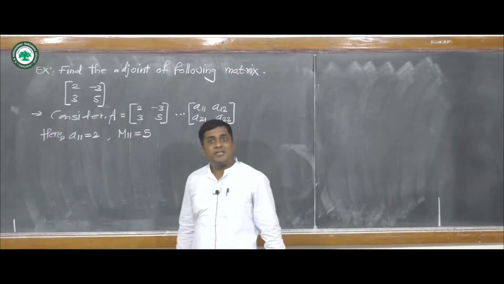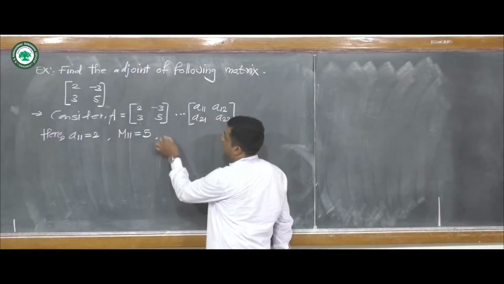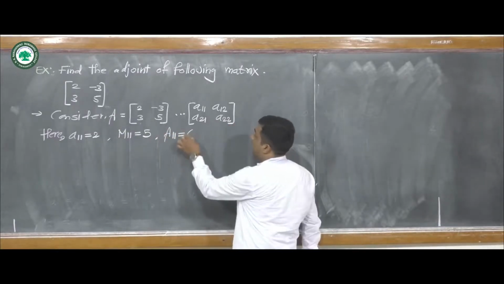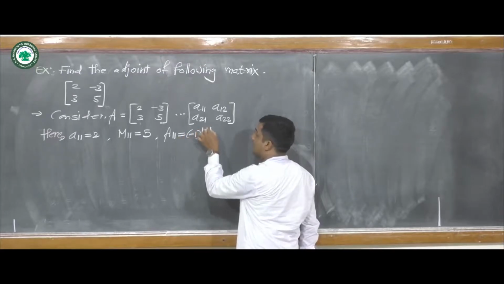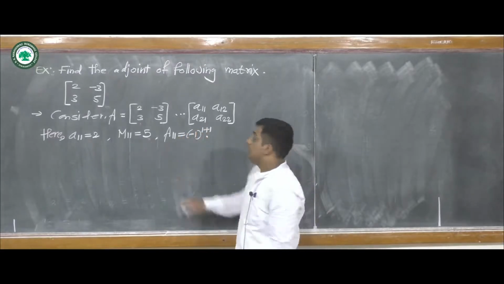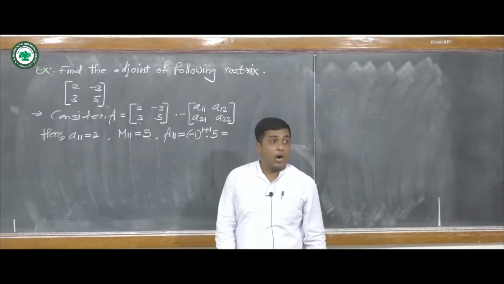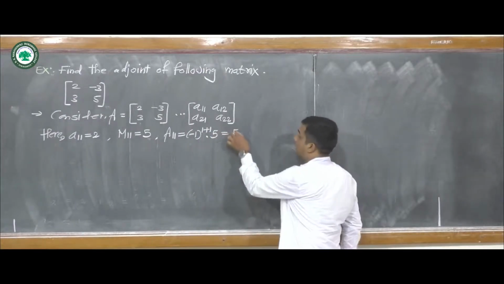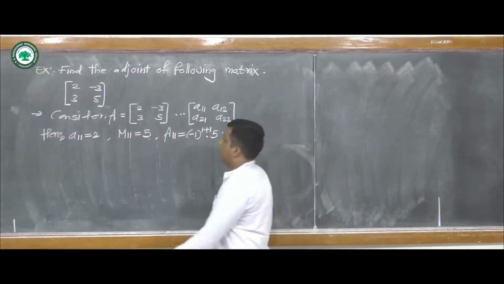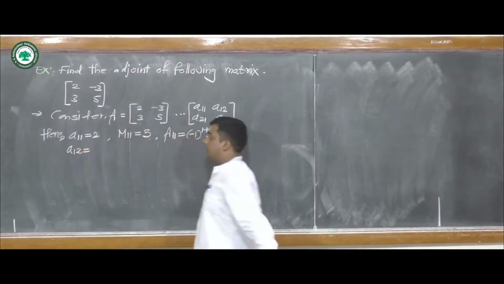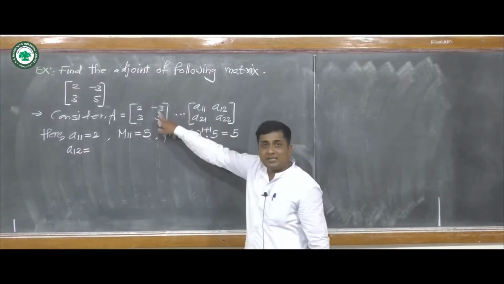Let's find its cofactor. Here its cofactor A11 is equal to -1 raised to 1 plus 1 into the minor. Here the minor is 5. We know (-1) squared is 1, and 1 into 5 is 5. Okay, let's go with the second element. Here the second is A12, which is -3.